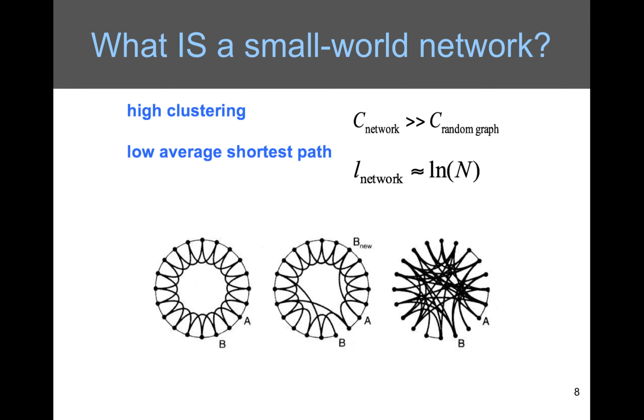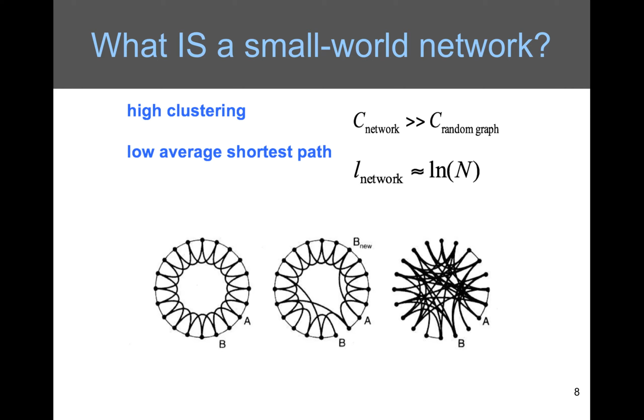That was Stanley Milgram's work, but it's still an abstract notion. What do we mean by a small world network? This slide shows there are two basic characteristics that we need in a network to call it a small world network.